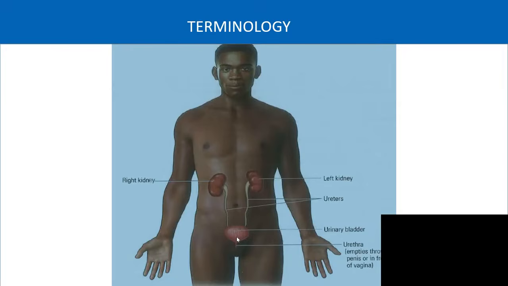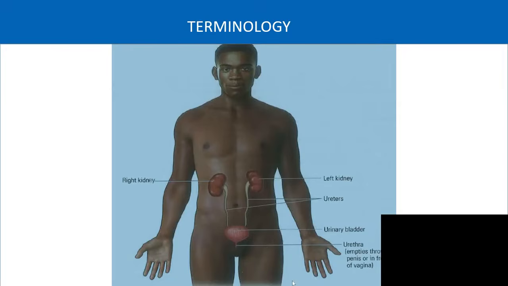If you go to an interview, they will ask you the difference between a rigid and a flexible cystoscope. You need to tell them the rigid cystoscope is used for biopsies, tumor removals or any type of therapeutic procedures, and the flexible cystoscope is for diagnostic use.